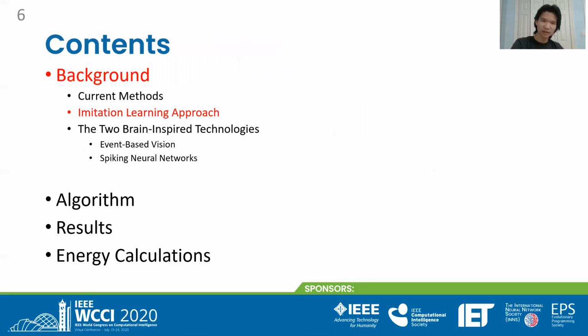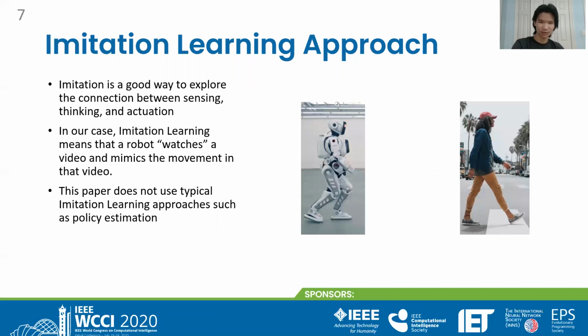So the imitation learning approach, what does imitation learning mean? If you go on YouTube and type in how to do jumping jacks or how to do a certain dance move, you can watch the video and watch the instructor do the move. And without any explicit instruction, you can kind of figure out how to do it for yourself.